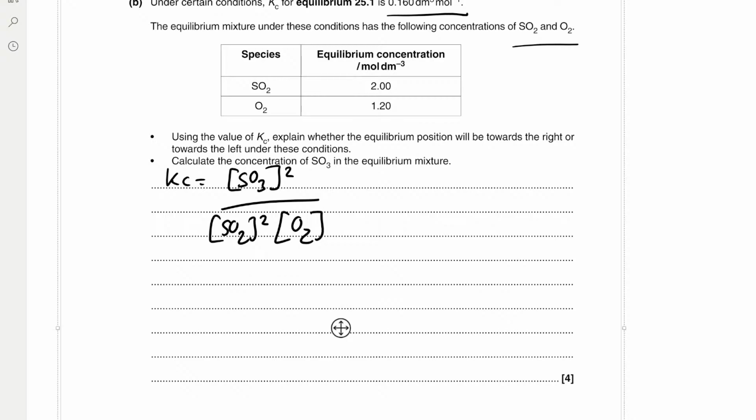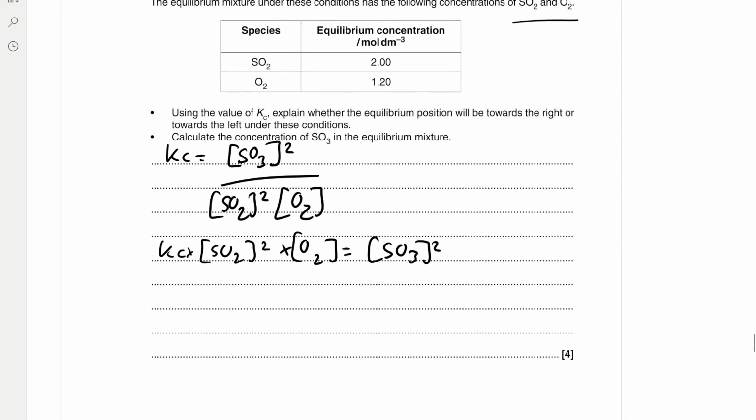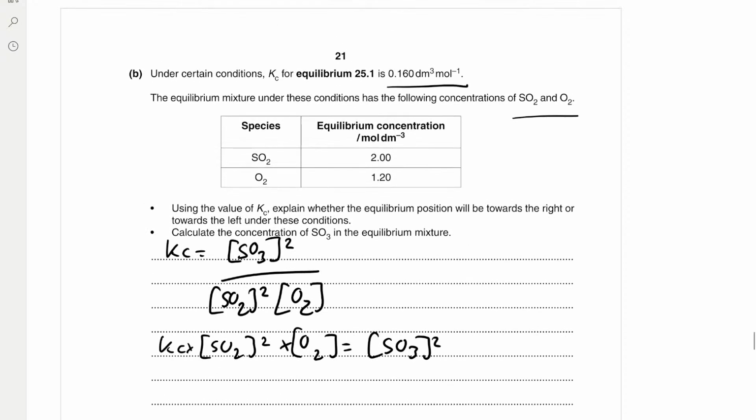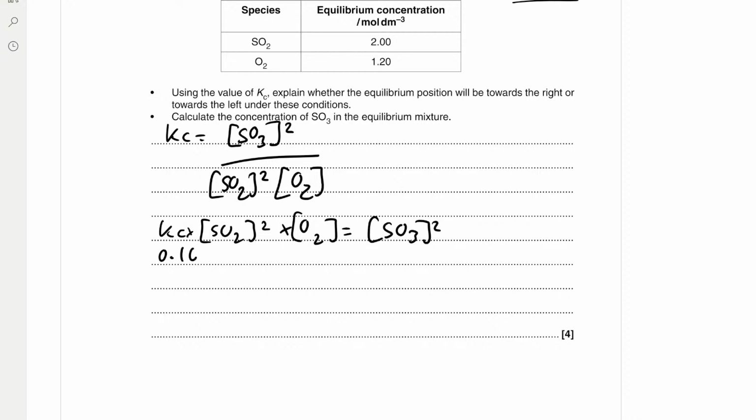So we need to rearrange. Kc times SO2 squared times O2 is equal to SO3 squared. So then we do our Kc value, which is 0.16 times 2 times 1.2, which gives us 0.768 mole per dm cubed.